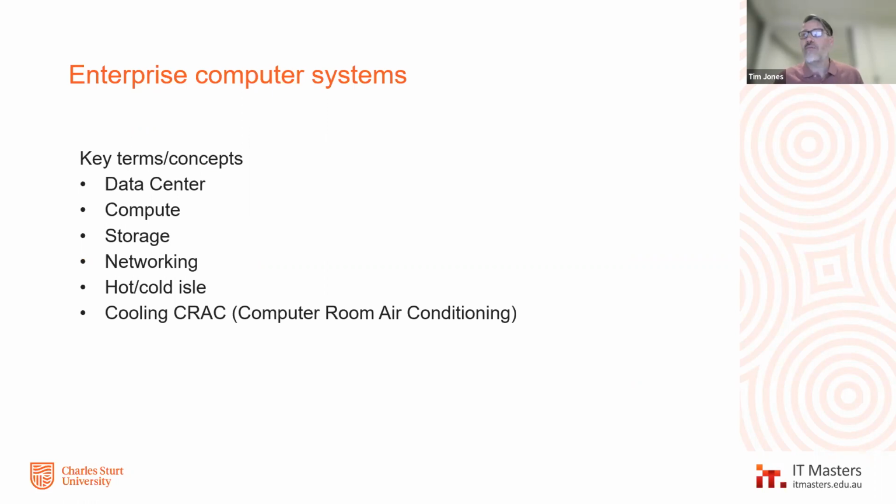As part of that, we also have CRACs, or cooling, which is computer room air conditioning. You can't operate a modern computer room without it, because the computers themselves will literally cook themselves.